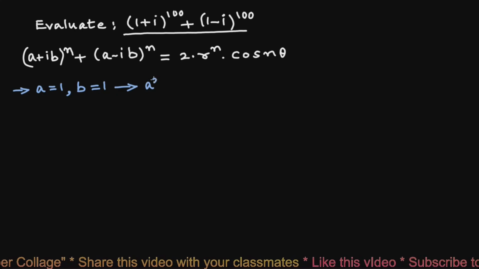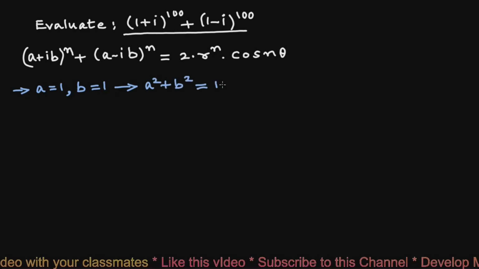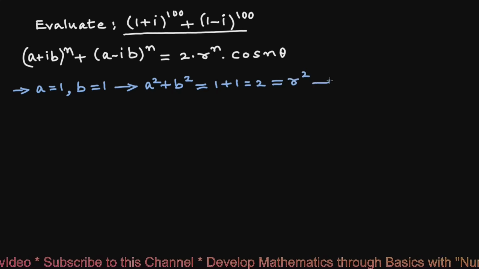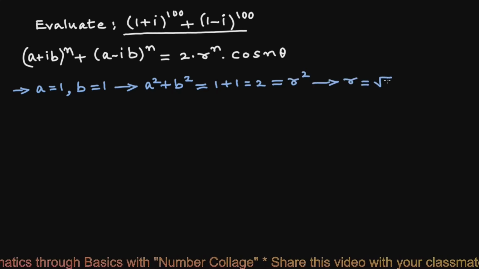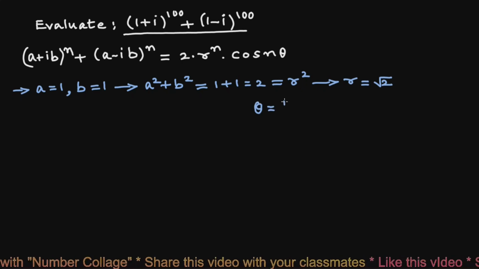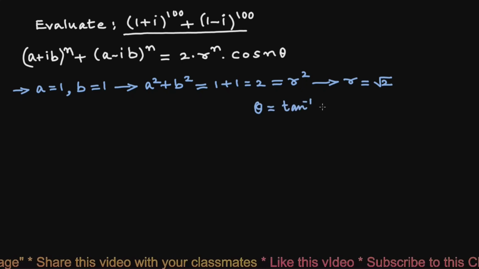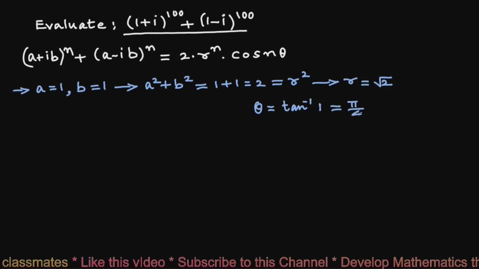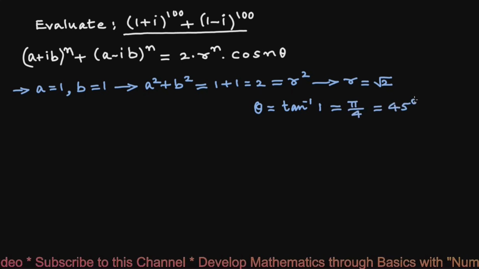So a square plus b square will be 1 plus 1, 2, but this is r square. Therefore, modulus r will be root 2. Argument theta will be tan inverse of b upon a, which is 1. But tan inverse 1 is pi by 4 radians, that is 45 degrees.